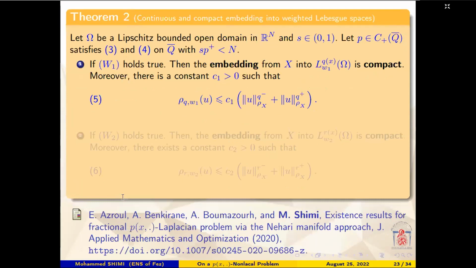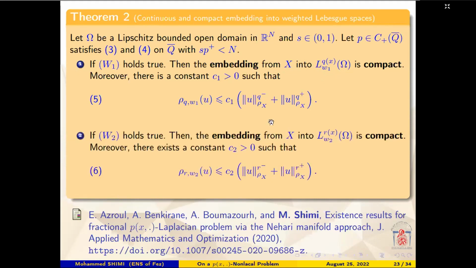We can obtain the same result for the weighted Lebesgue space if we assume that W1 is verified. So X is compactly embedded in the Lebesgue space L^{q(x)}(Ω, W1).